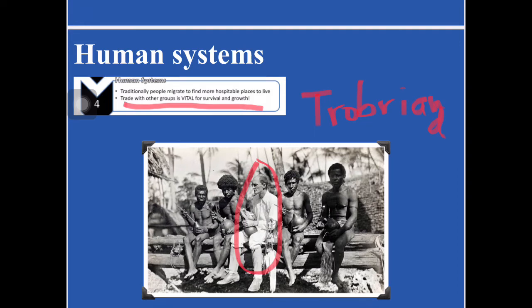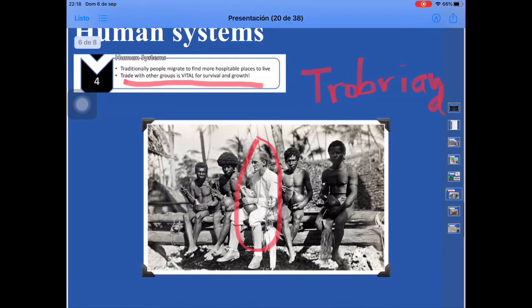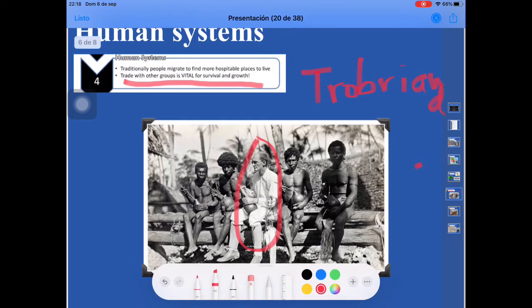Actually, if you look at geography books, they are going to tell you that traditional economy is just about exchanging goods for other goods and exchanging services for other services. But that is not the case. Actually, traditional systems are pretty complex, and they are really worth researching about.